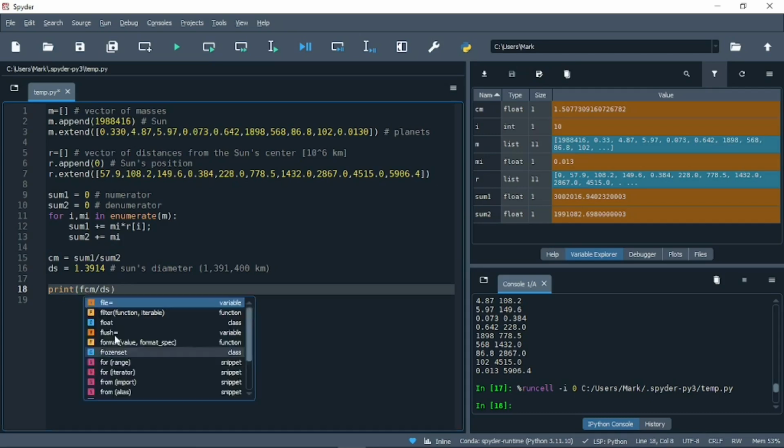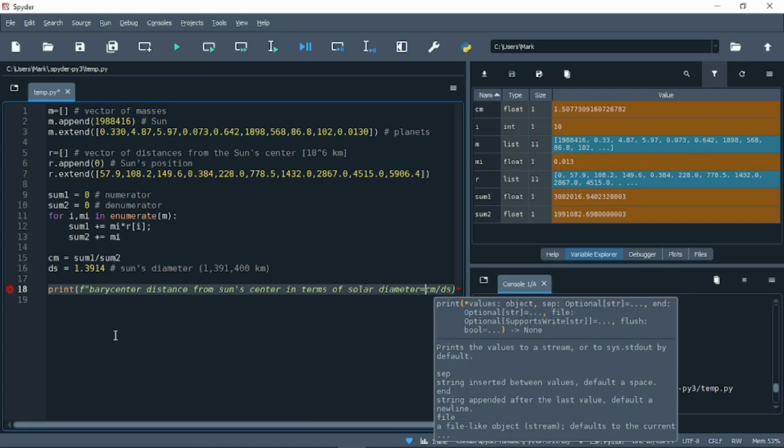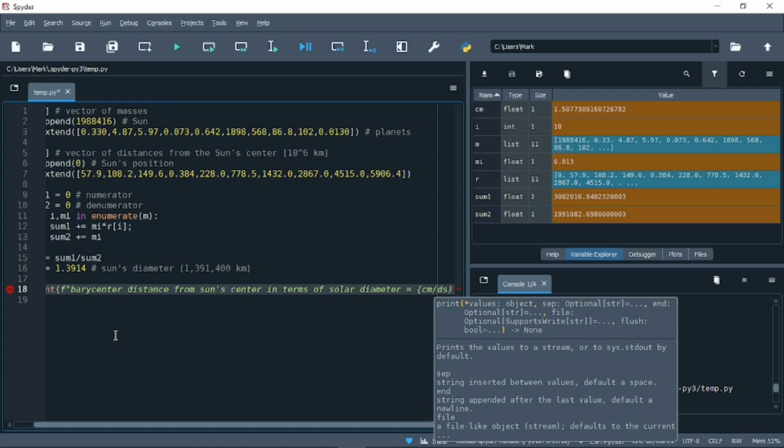Let's actually make some... actually maybe too cumbersome.